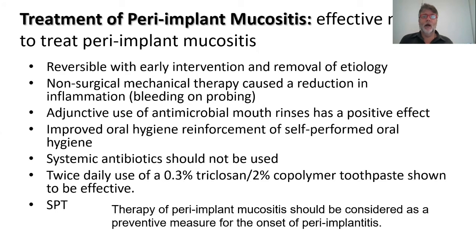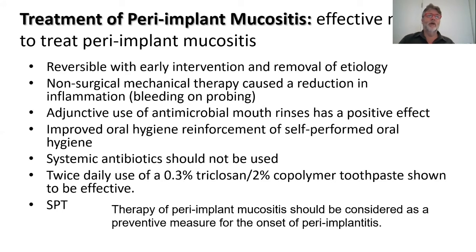Now, I won't have too much time to actually go through the use of antimicrobials. But what I will say is there's going to be a download folder for you, and in there there's a paper about the use of bleach, and in particular using 0.25% concentration of bleach.